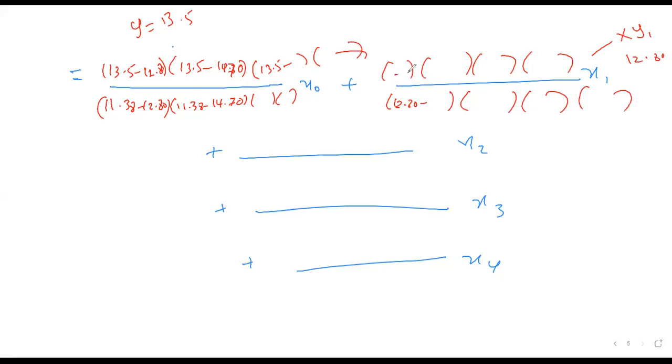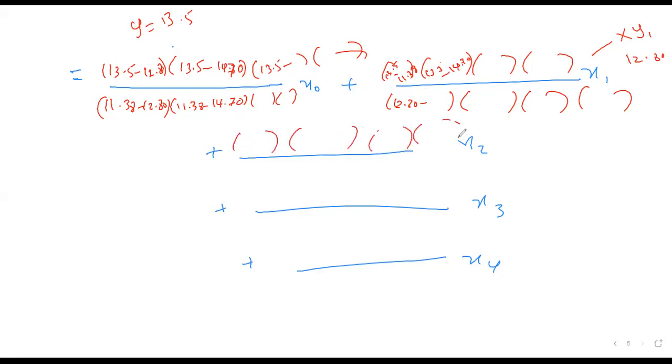So y will be 13.5 minus, I need to consider my y naught also, 11.38. So please make a big space, don't write like me. First of all write very clearly. And this one also 13.5 minus, you have to go for the next value, 14.70. So can you write everything very clearly?